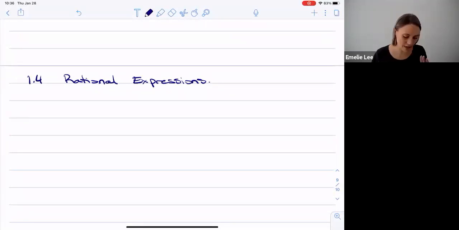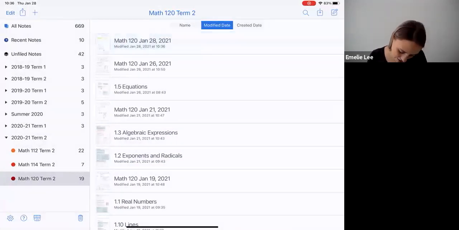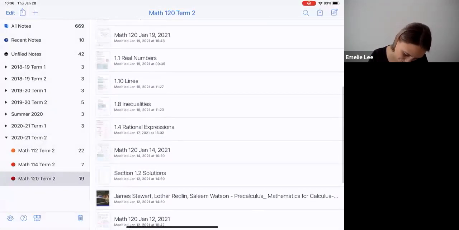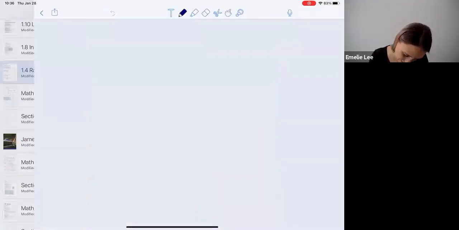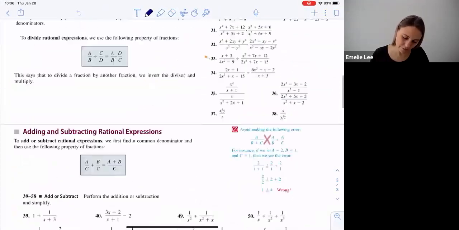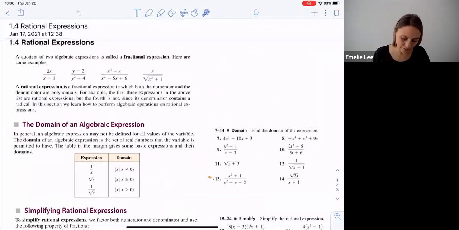Good. So rational expressions are things like, now let's see here, where's 1.4? So a rational expression is anything that looks like these first three problems.